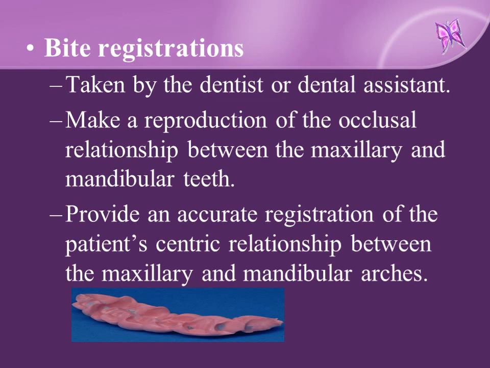Bite registrations taken by the dentist or dental assistant make a reproduction of the occlusal relationship between the maxillary and mandibular teeth, providing an accurate registration of the patient-centric relationship between the maxillary and the mandibular arches.